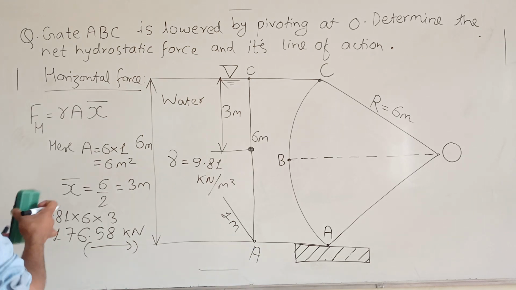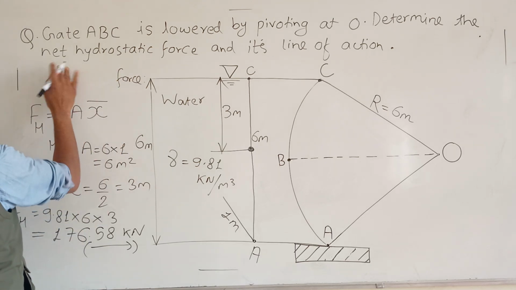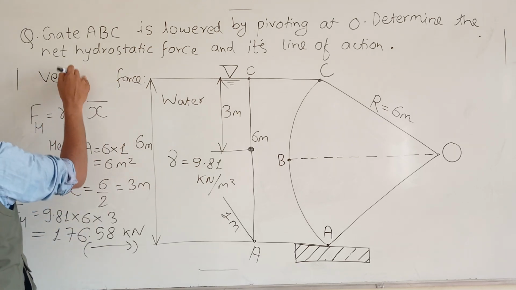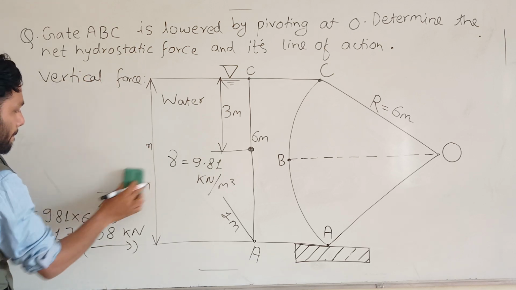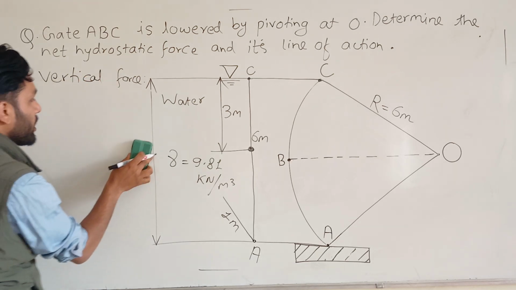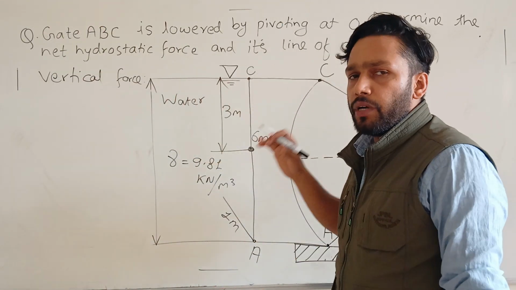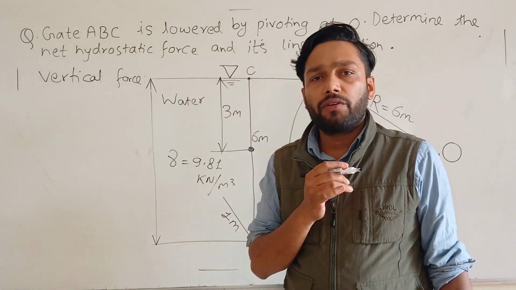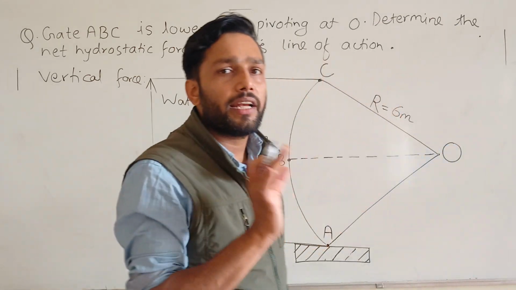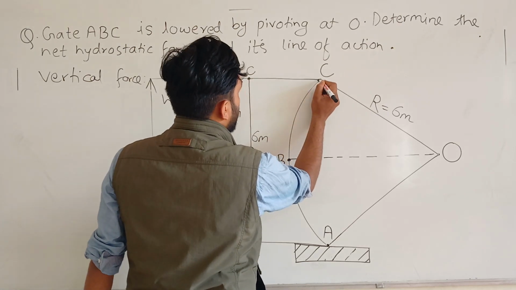So how to calculate the vertical force? Okay, the vertical force is calculated by extending the extremity of the curve up to where the water is in contact to the surface of the liquid, okay. So now let's first find out the extremity of the curve up to where the liquid is in contact.